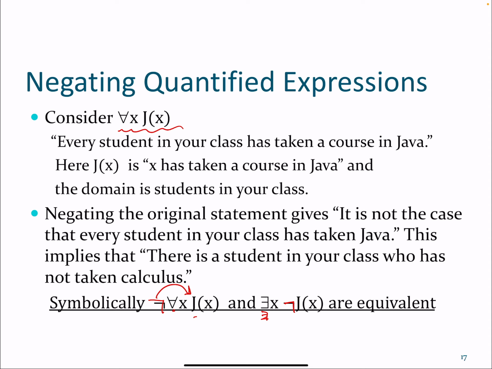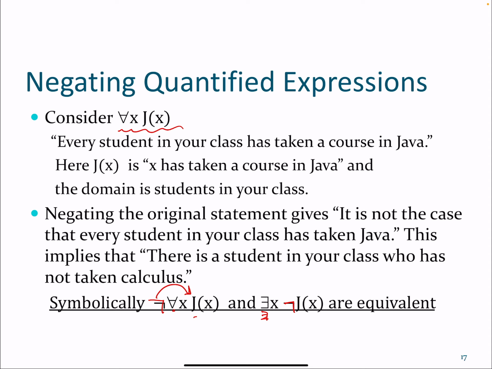For example, it is not true that all the students in our class have taken a mathematics class before. It is not true that every student in our class has taken a mathematics class before.